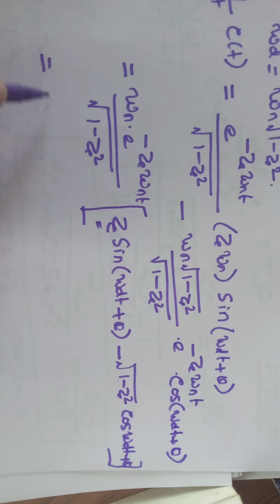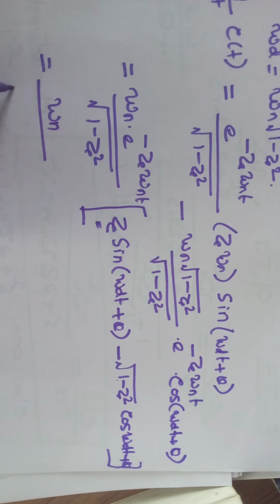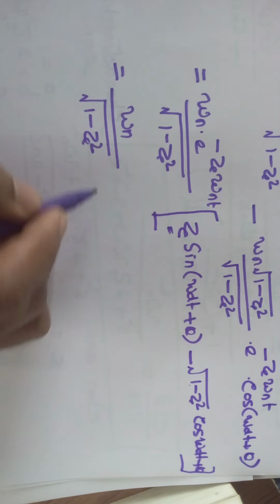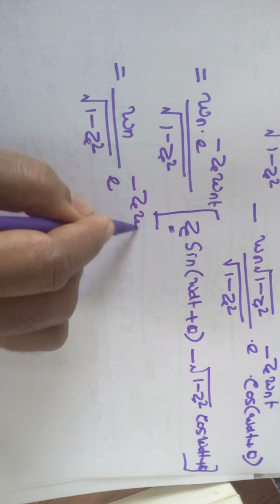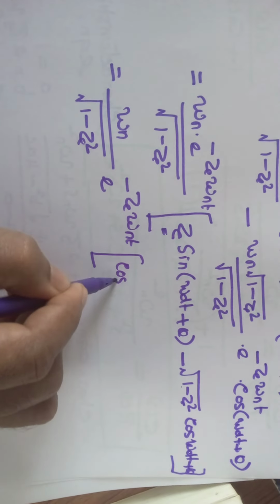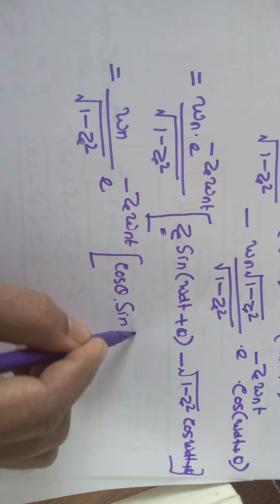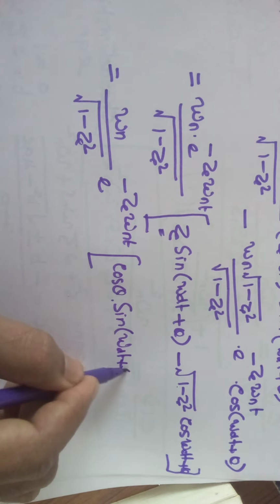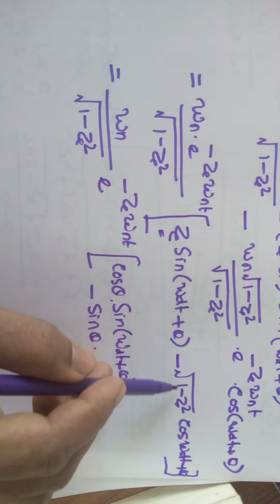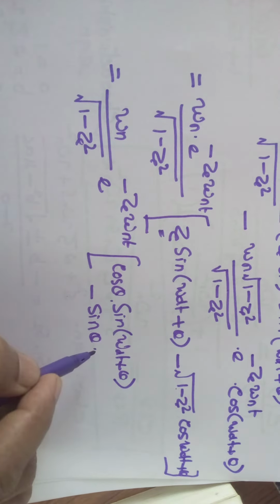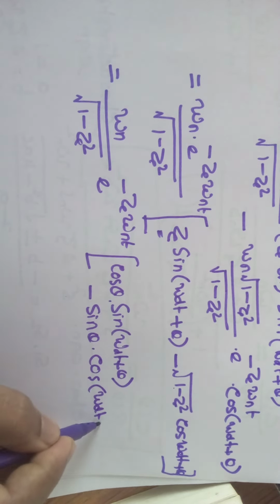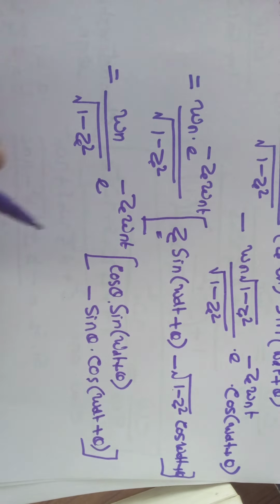So we can simplify this as omega n divided by square root of 1 minus zeta square into e power minus zeta omega n into t into, so instead of zeta you put cos theta into sin of omega d t plus theta, right, minus sin theta into cos of omega d t plus theta, because square root of 1 minus zeta square is sin theta. This is the answer, right?